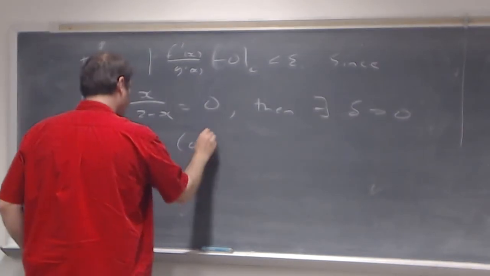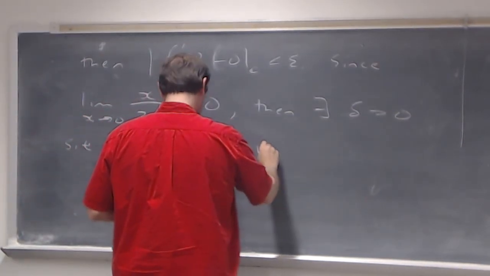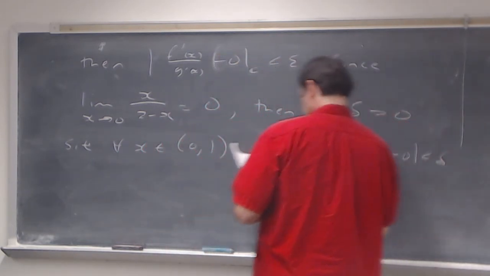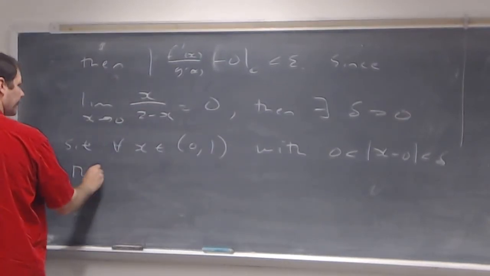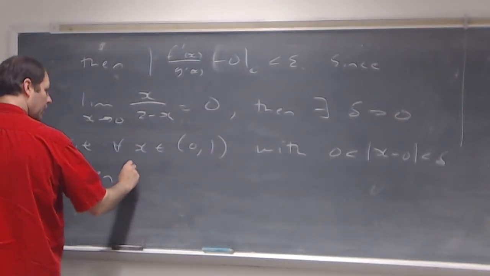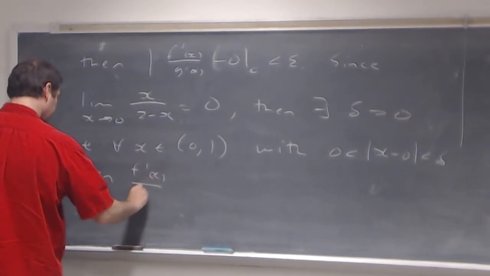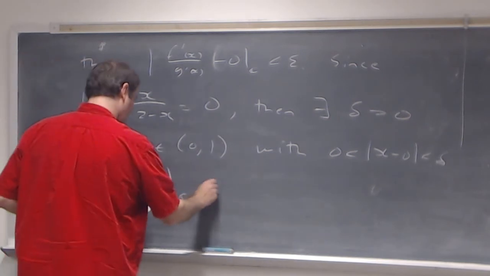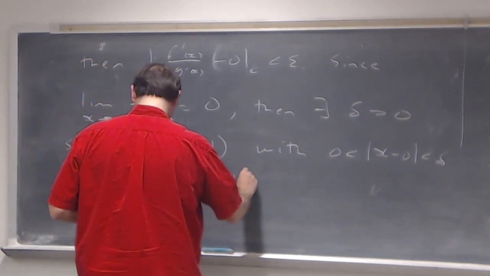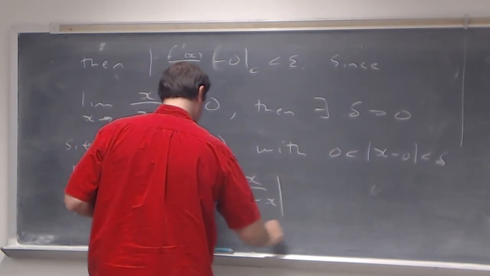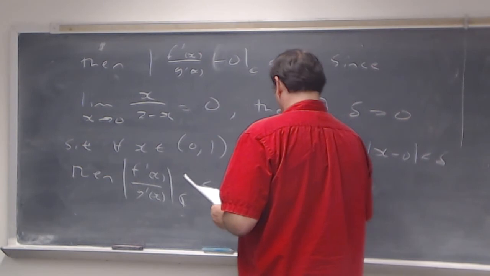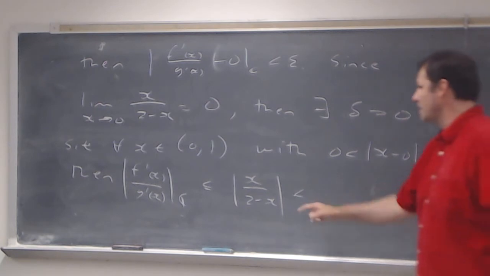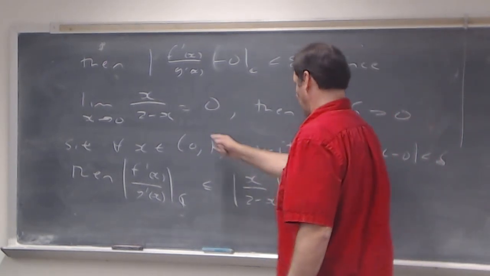For all x in between 0 and 1, with 0 less than x minus 0 less than delta, then f prime of x over g prime of x inside absolute values, this is complex absolute value in this case, which we know to be less than or equal to the absolute value of x over 2 minus x, that's in the real setting, which we know to be, if x minus 0 is less than delta, we know we can make this guy be less than epsilon.